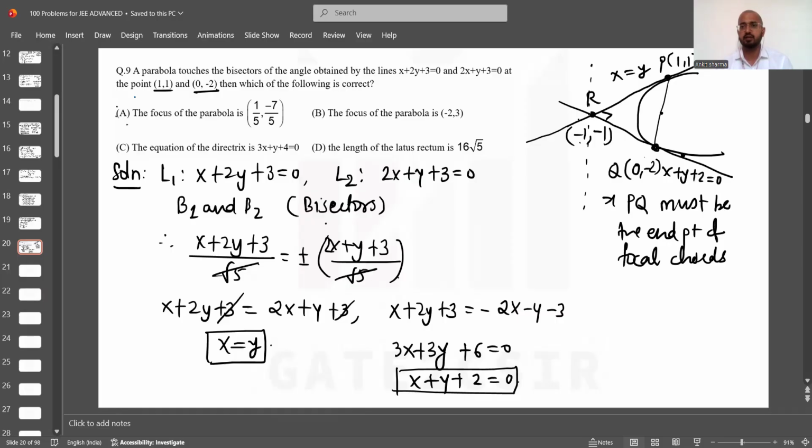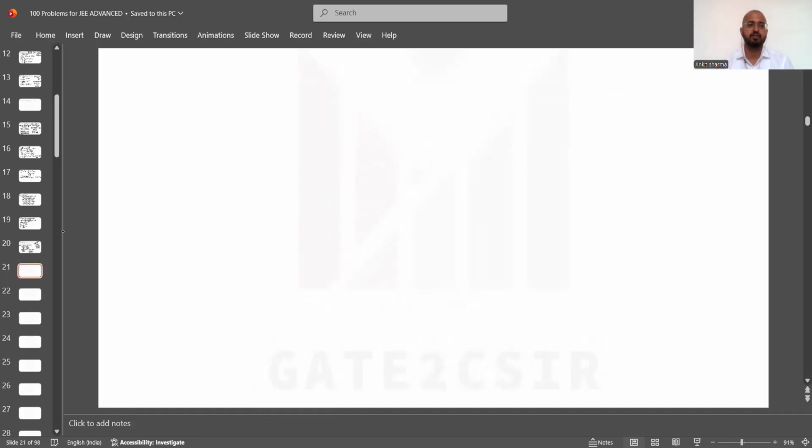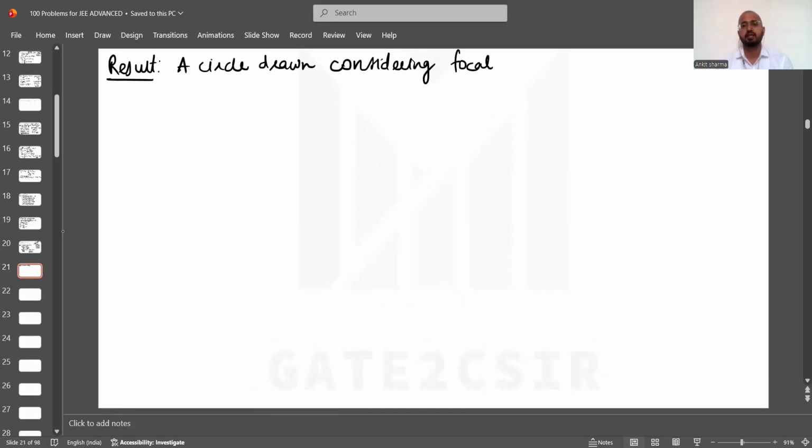If I consider a circle drawn considering the focal chord as diameter, the result is: a circle drawn considering the focal chord as diameter touches the directrix.